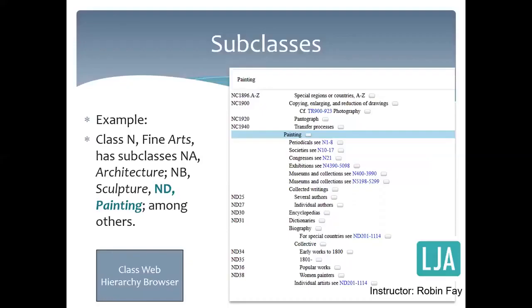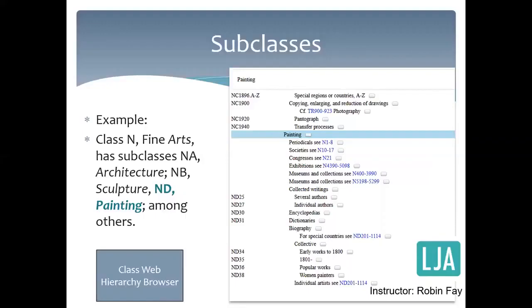If you had something about painters, you would look in the painting category, and most likely you would look in biography, but you would also look under the types of things they did, like drawing and stuff like that. That's something a little different when you look in ClassWeb: when you look at the hierarchy, you really do want to make sure that you read your way through the hierarchies we just did.